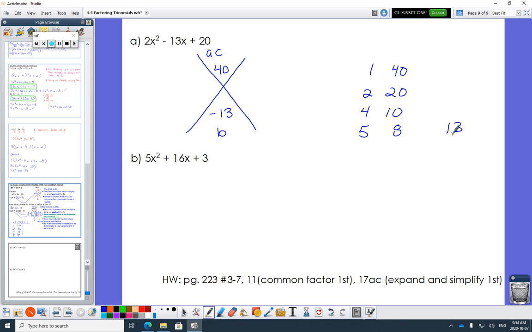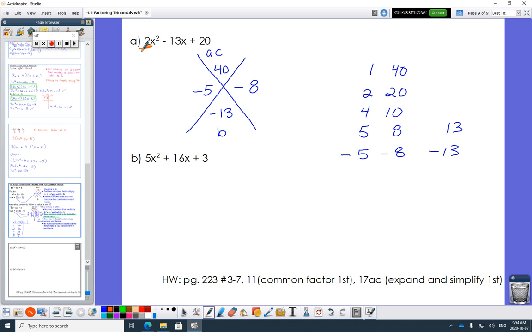We don't want positive 13. We want negative 13, okay? So it doesn't matter, just like before, write them down. Negative 5, negative 8. Keep it color-coded if you like.